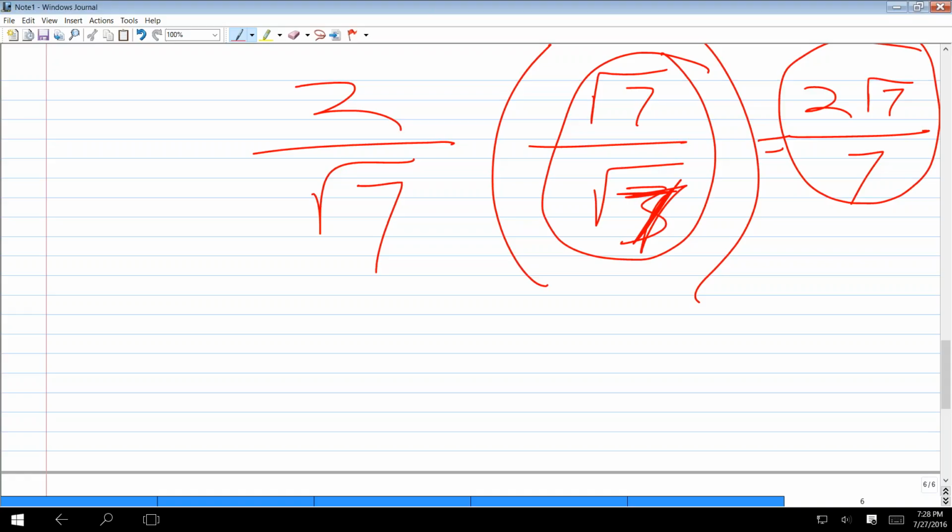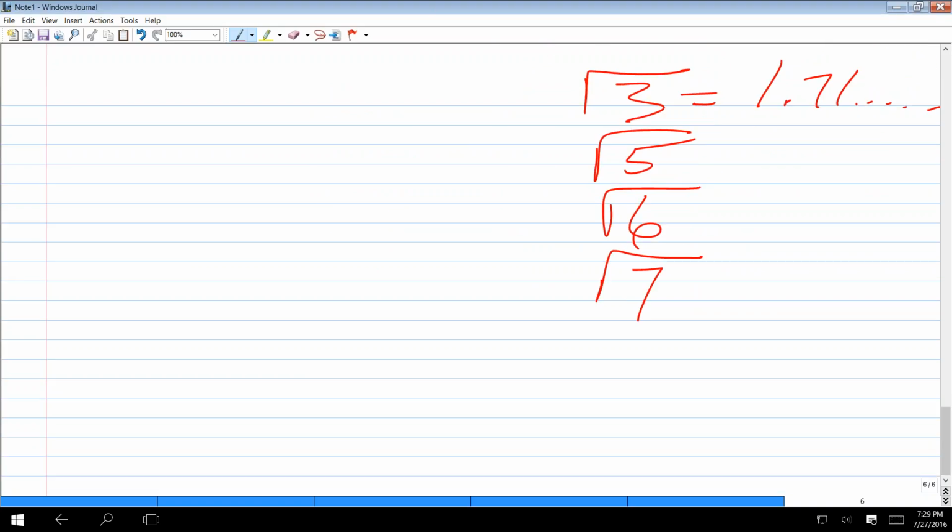In other words, square root of 3 is approximately 1.73, but there's a lot of decimals. It's like pi. It just goes on and on forever. In fact, any square root of any number is irrational unless it's a perfect square.